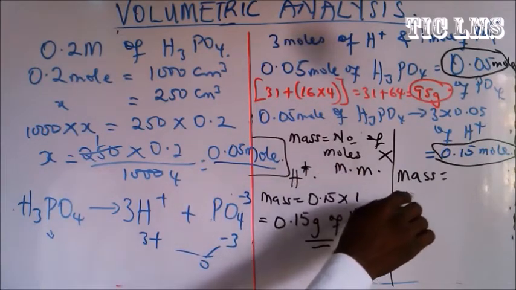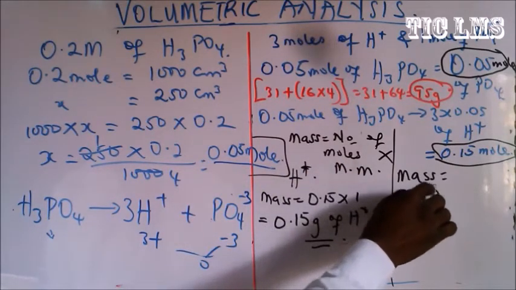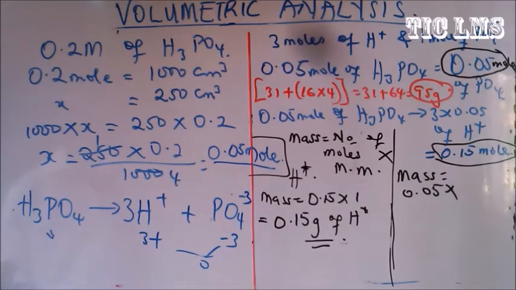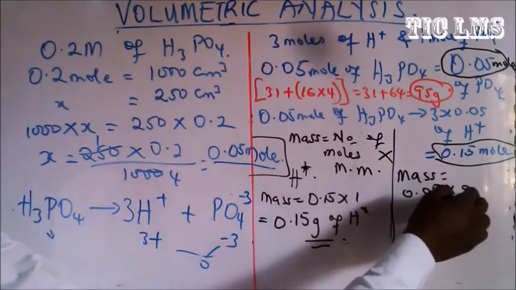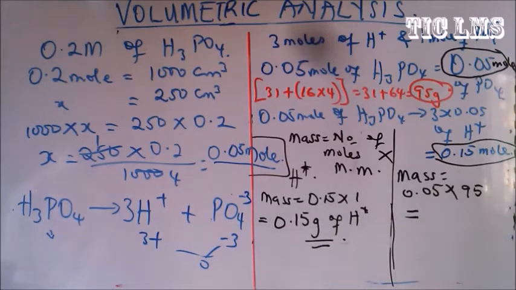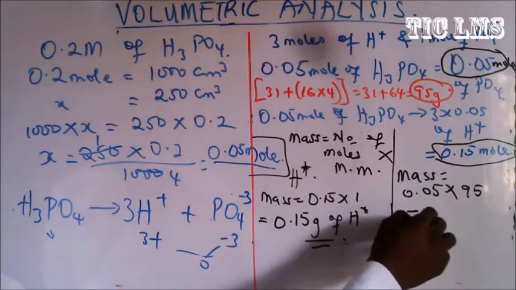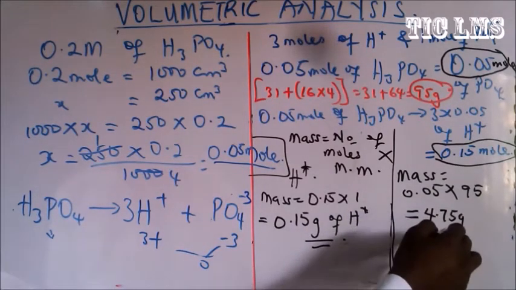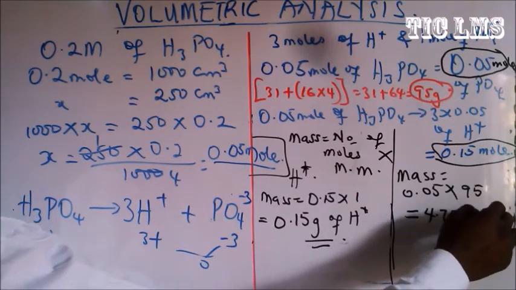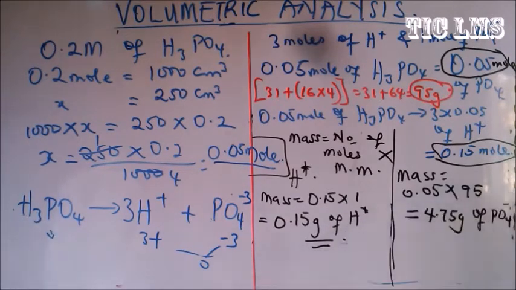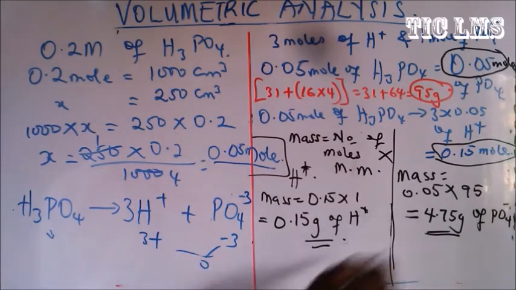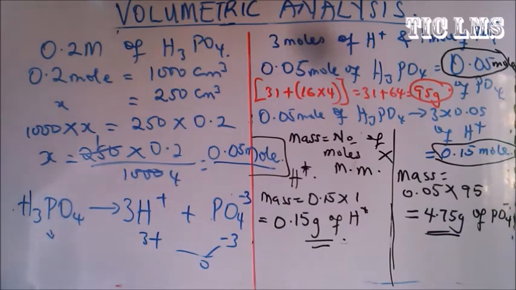So number of moles is 0.05 multiplied by the molar mass of PO4, which is 95. And when we multiply that, it gives 4.75 grams of PO4 3 minus. So these are the number of grams that we have in the given moles.